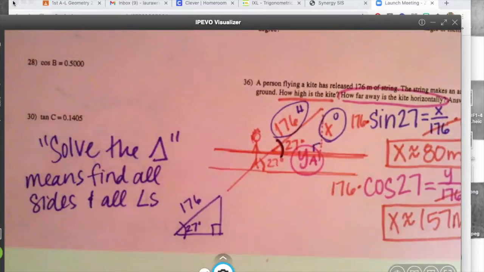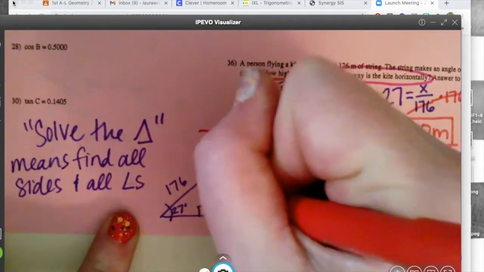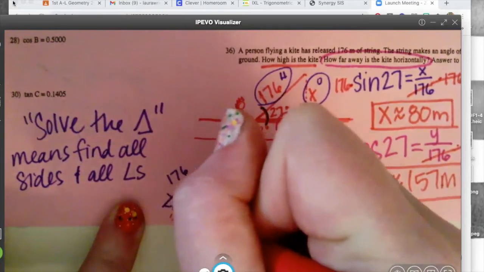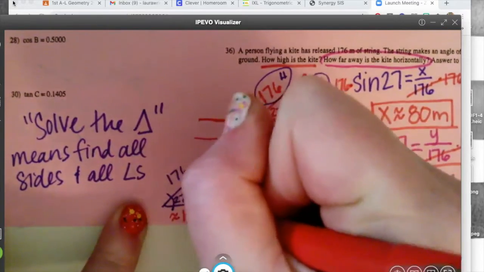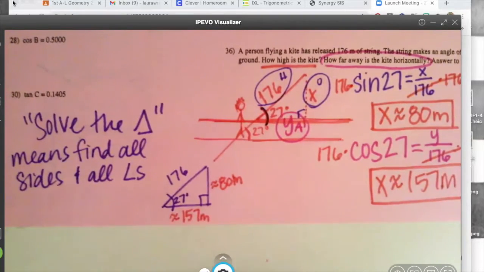I'm going to use a different color to do the parts that we have found. We found that this side was about 80 meters. We found that this side was about 157 meters. So all we're missing is this little angle up here. How can we find this angle?